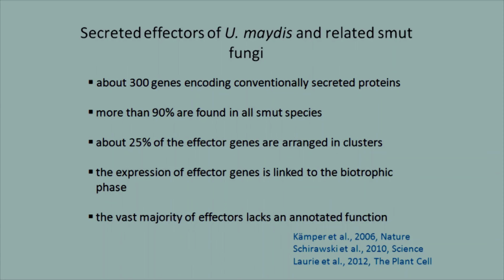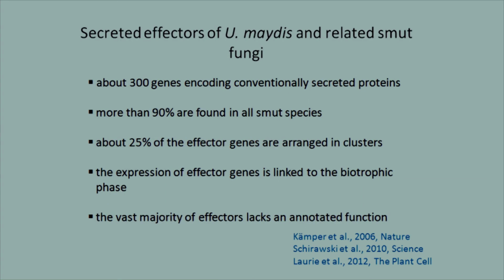However, more than 90% are found in all Smut species. So at least the relatives have the same genes. And these genes are very poorly conserved otherwise, and you can actually detect them in the genome easily.